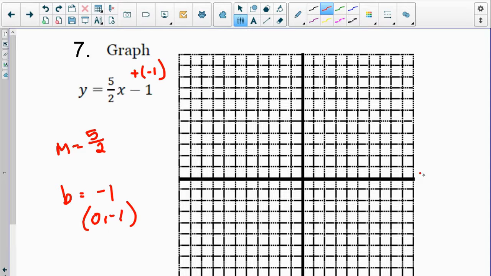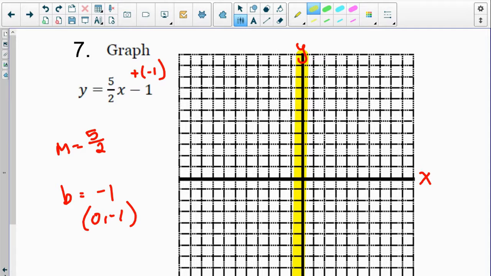So on my graph, I have my x-axis and I have my y-axis. And the steps that we just wrote down in our notes are to start by plotting the y-intercept on the y-axis. So I have to start on this line right here. Okay, it's an absolute requirement. You have to start on that line.